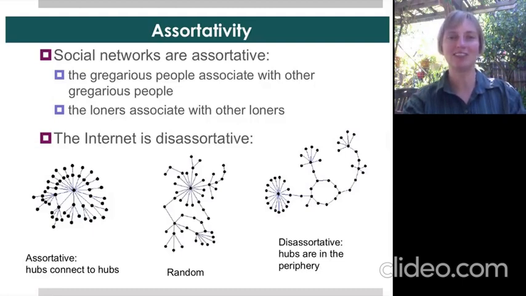In general, assortativity could just mean whether like nodes associate with like. When we're talking about degree assortativity, we're looking at whether nodes who are social, have lots of connections, are connected to other nodes who are likewise social, or is it the reverse? Is it that the hubs are associated with the hermits, the people who have very few connections?